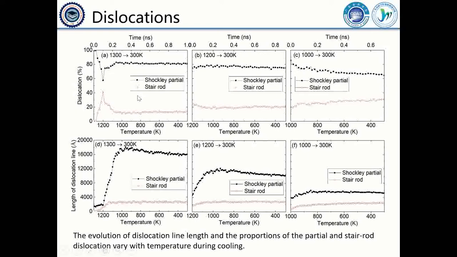They are Shockley partial dislocations and stair-rod dislocations. The Shockley partial dislocations accounted for the dominant dislocation type, followed by the stair-rod. Other dislocations are hardly found.